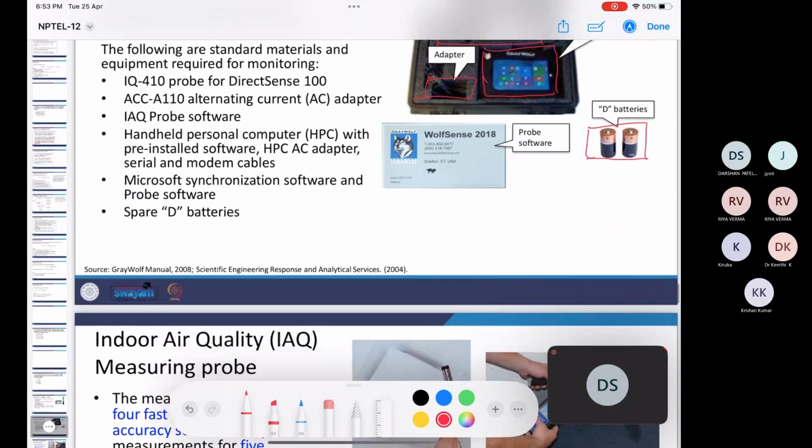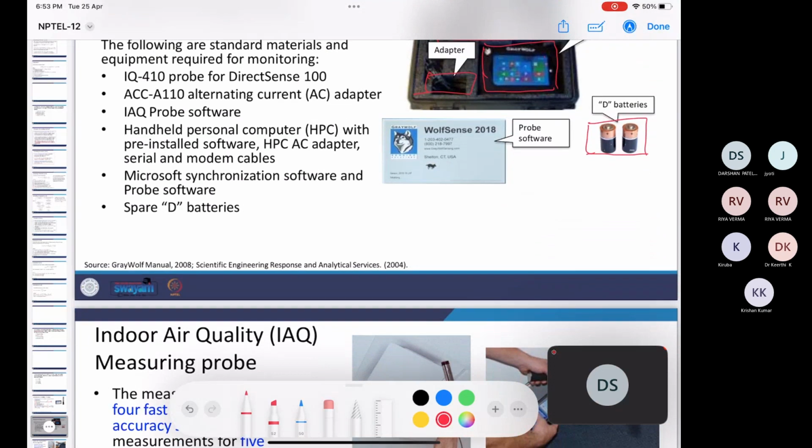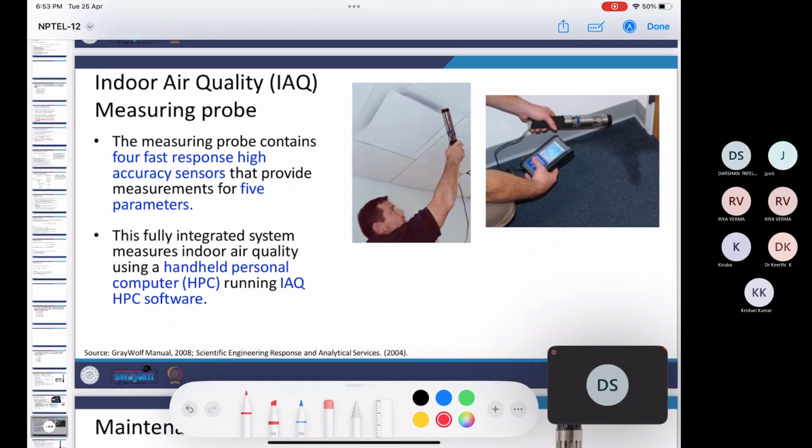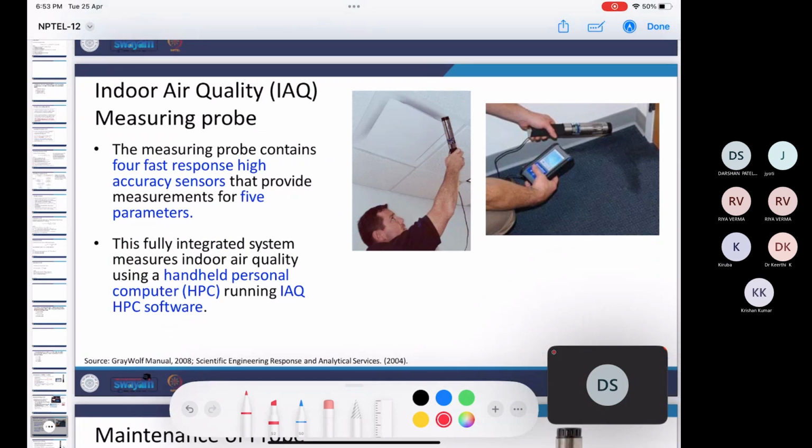So how does this measuring probe look? The measuring probe contains four fast response high accuracy sensors that provide measurements for five parameters. And this fully integrated system measures indoor air quality using a handheld personal computer running IAQ HPC software.